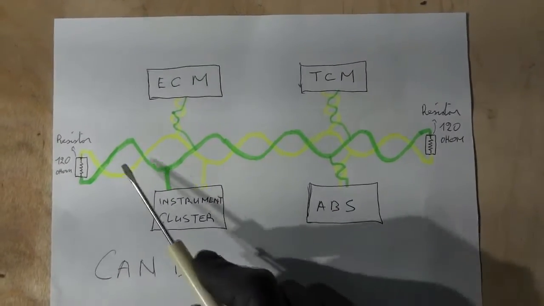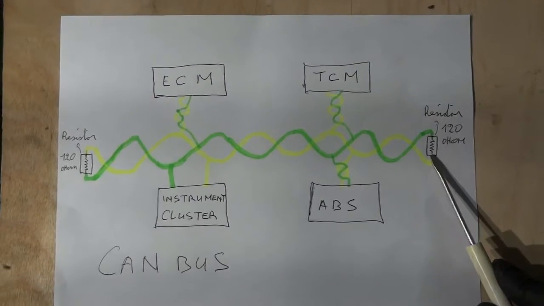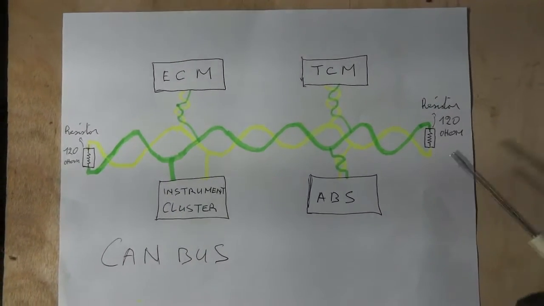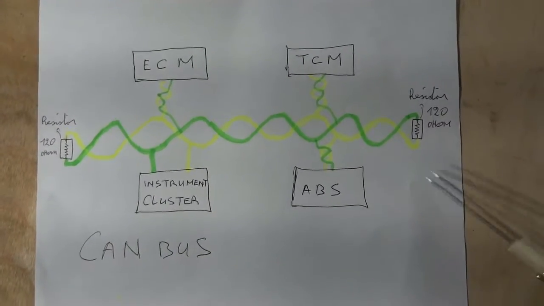So since we have two 120 ohm resistors, we're going to divide 120 by 2. So our system should have a resistance of 60 ohms.